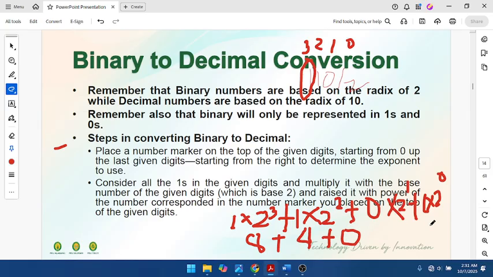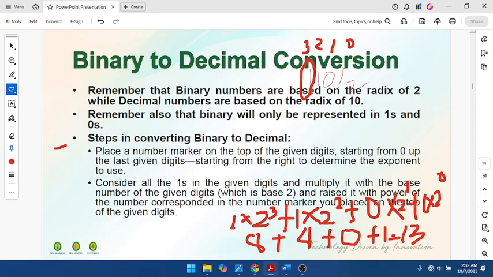And the last one we have 1 times 1 is equal to 1. So it gives us 13. Now the quicker way to think about it is to just add up the place values for every position where there is a 1.